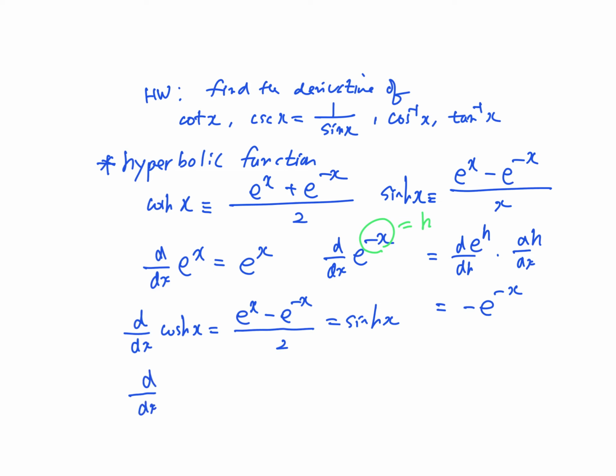And d/dx of sine hyperbolic x is (exponential x plus exponential minus x) over 2, which is cosine hyperbolic x.